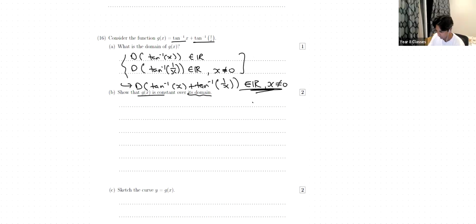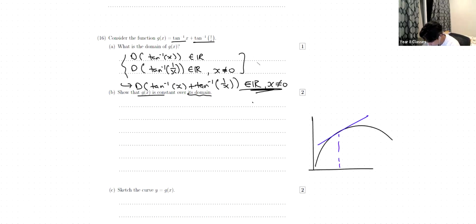Oh, good. I'll draw a little diagram. If I was to differentiate at this point here, what I'm finding is the gradient. So if something is constant, i.e., it will look like this, what is its gradient? 0.